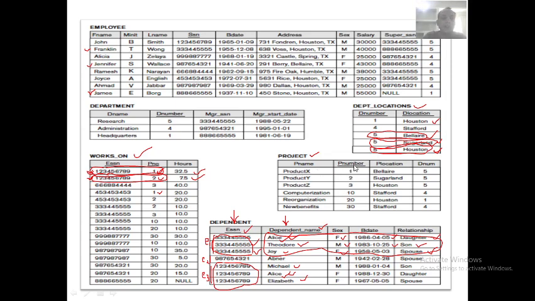Which is department number 1? Headquarters. The headquarters department controls Product X. So what is the relationship? Controls. So and so department controls so and so projects.